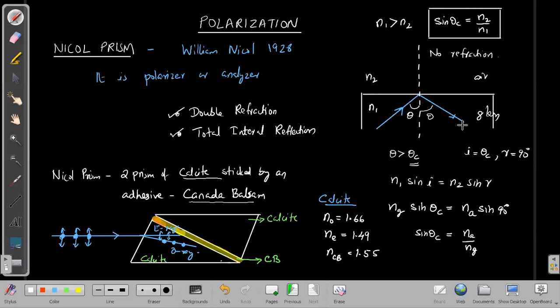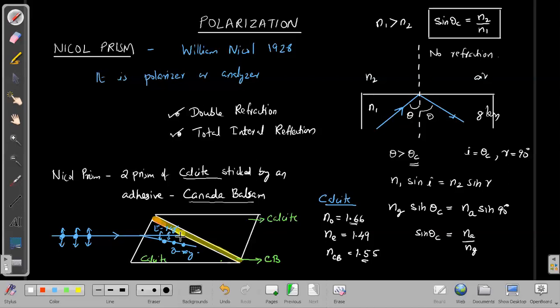So here total internal reflection is possible, because the ordinary ray travels from a refractive index of 1.66 to 1.55 at this interface.